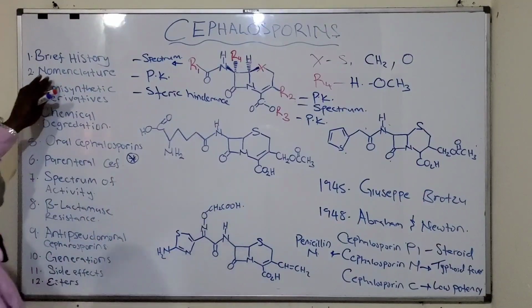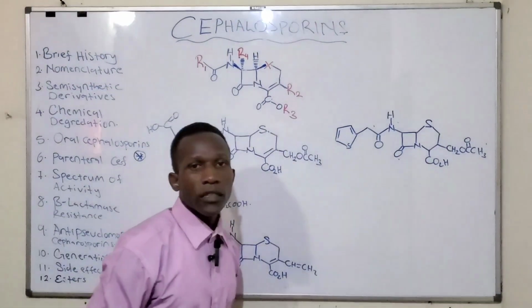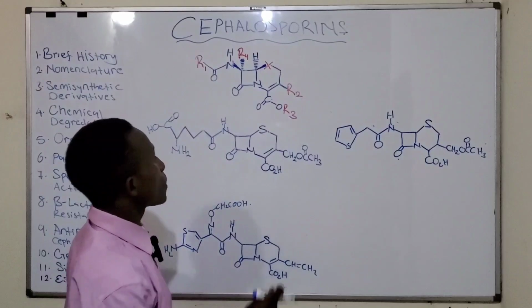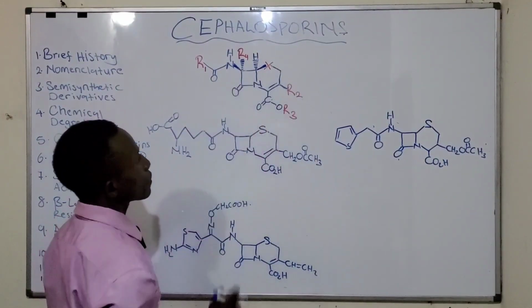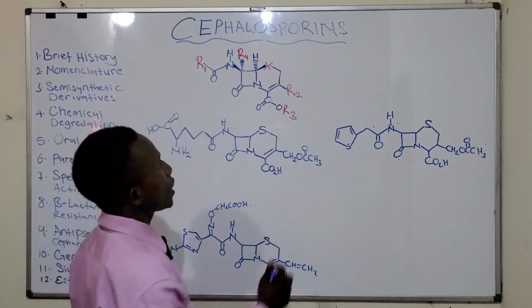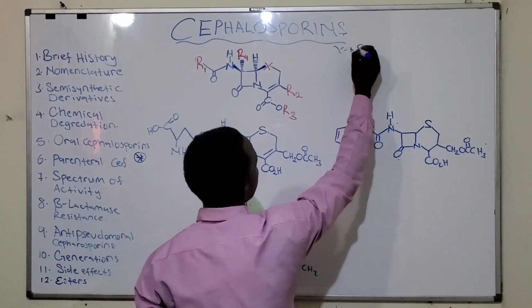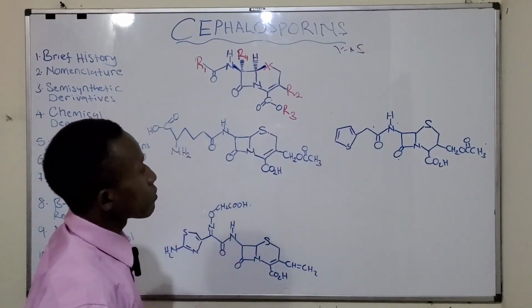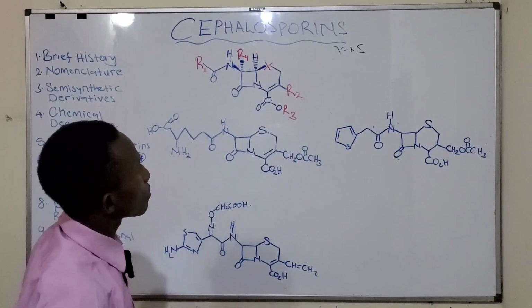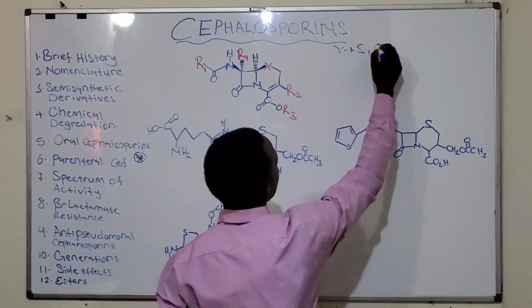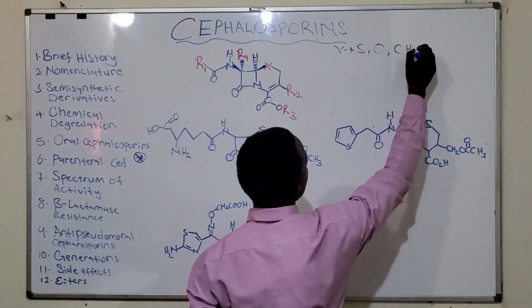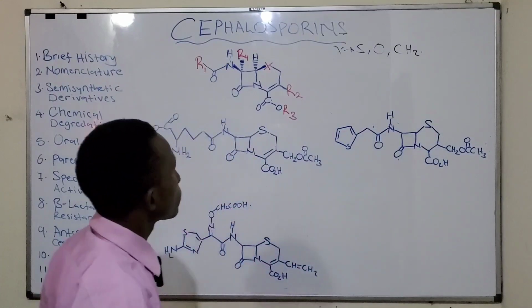Now, let's go to nomenclature. For nomenclature, this is the general structure of cephalosporins, and we said X can be sulfur, oxygen, or CH2 group.